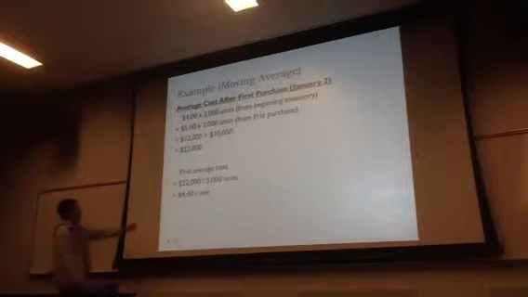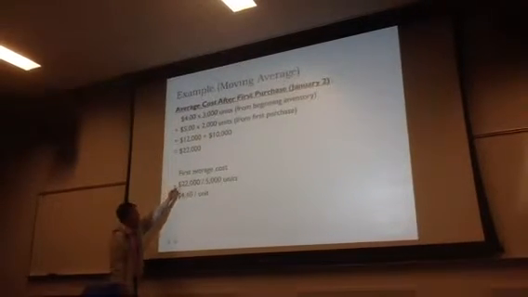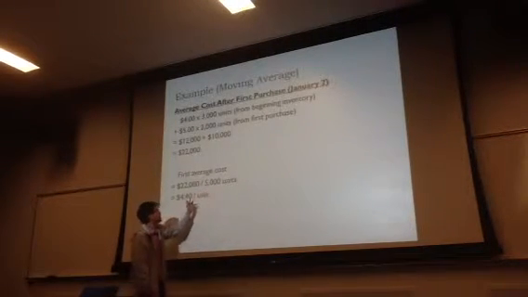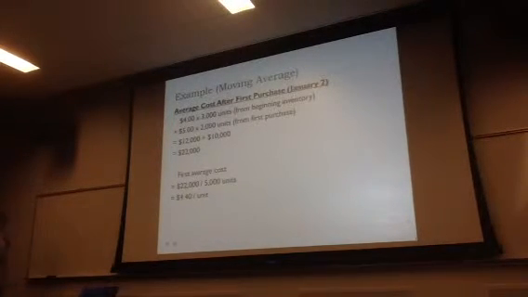Okay. So your total cost will be $22,000 right before the first sale. And then divide that by how many units that you have. That will be 5,000 units. So that will be $4.40 per unit.